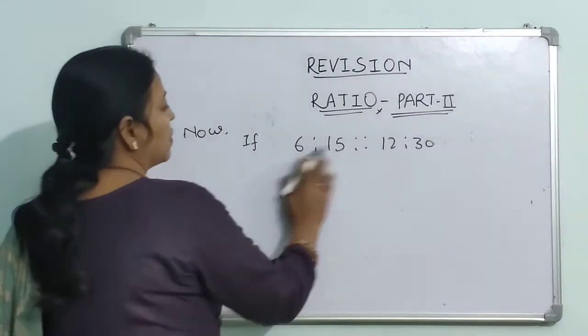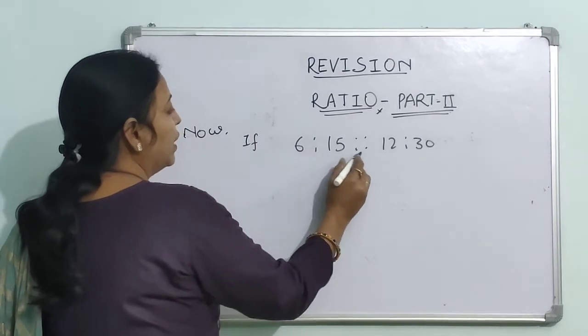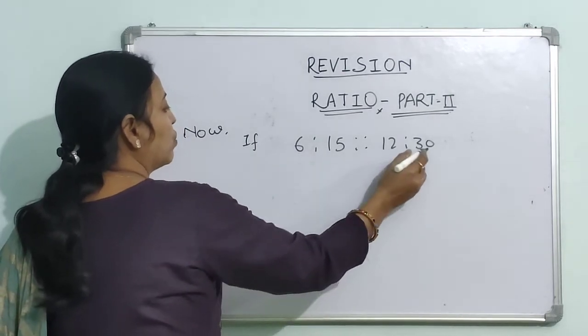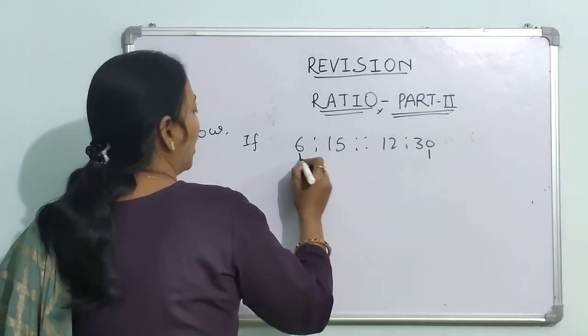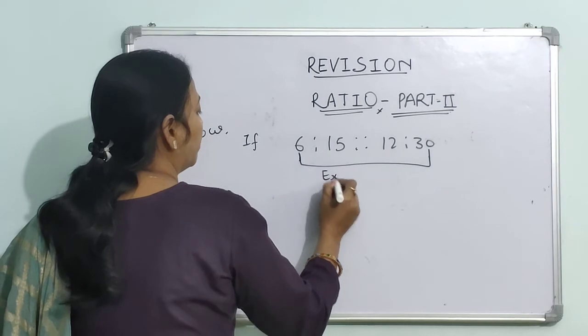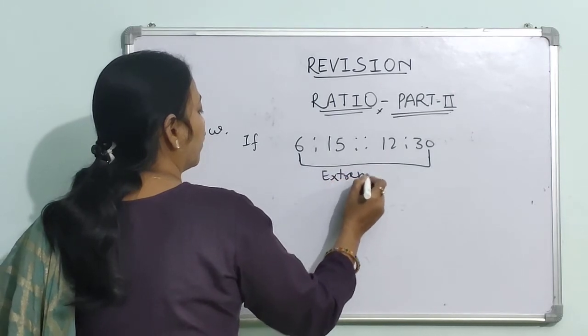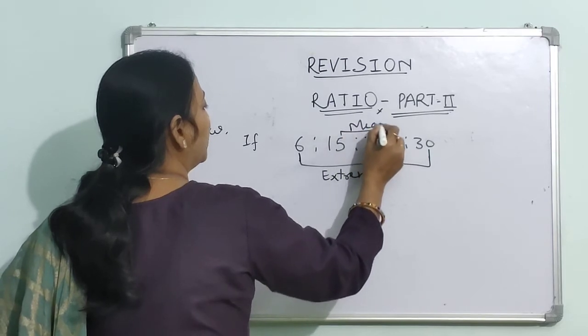Now if these numbers are in proportion, that is 6 is to 15 is in proportion with 12 is to 30, here the first and fourth terms are known as extreme terms. And these two middle terms are known as means.